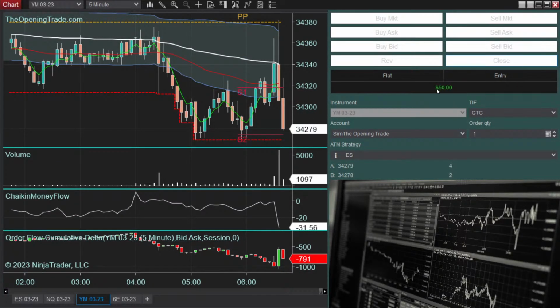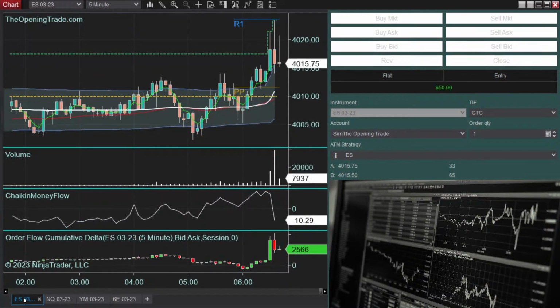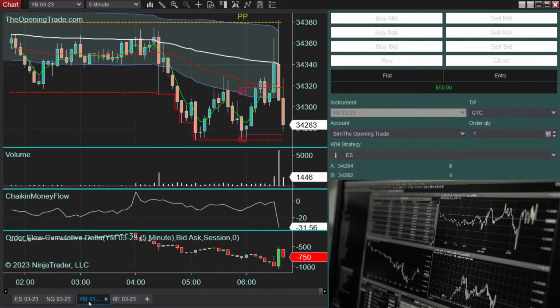We manually closed with a $50 profit after we recovered our $85 loss from the first trade. So unfortunately, the parameters weren't met for the ES to fire a trade today, but we did see two simulated automated trades go off on the live markets in this simulated account. And we saw a profit.